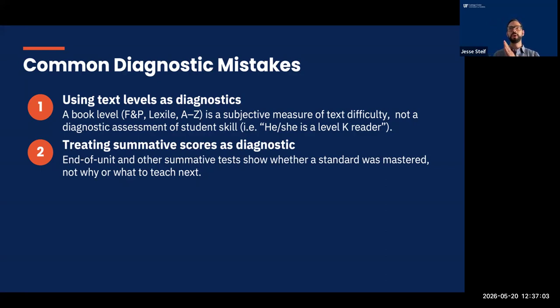But they don't tell us why a student did or did not master a standard. If you answer a multiple choice question incorrectly on the computer, that measures a certain standard, we know pretty well that you haven't mastered that standard, but there are all kinds of reasons why students answer those questions incorrectly.